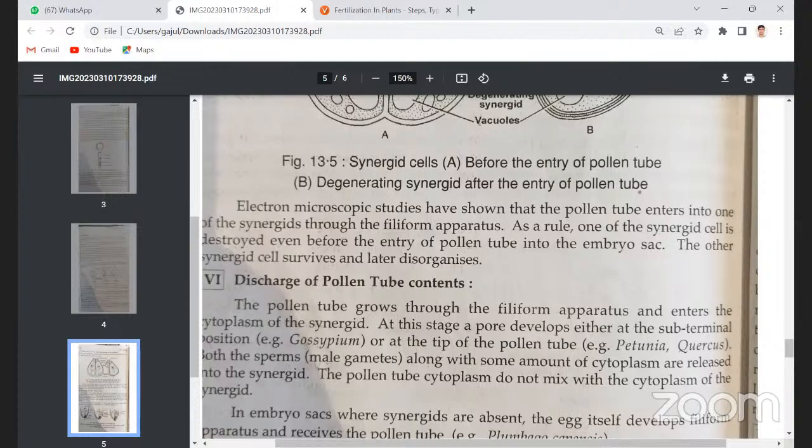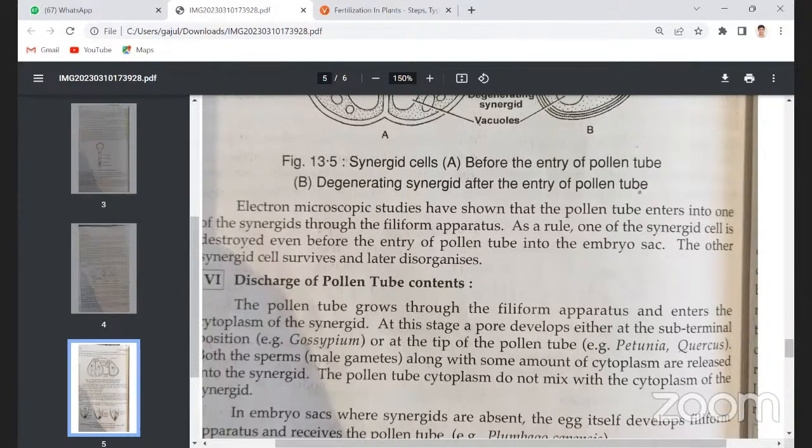Both the sperms, the male gametes, along with the pollen tube contents are released into the synergid. The pollen tube cytoplasm does not mix with the cytoplasm of the synergid. In embryo sacs where synergids are absent, the egg itself develops the filiform apparatus and receives the pollen tube. This is seen in Plumbago capensis.